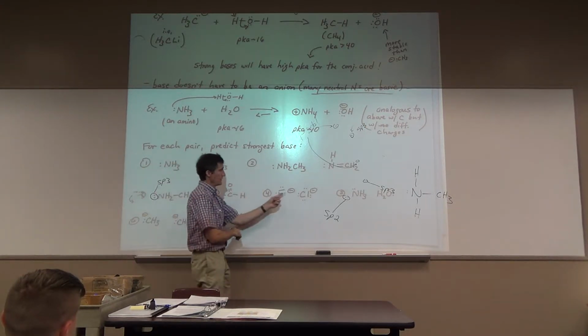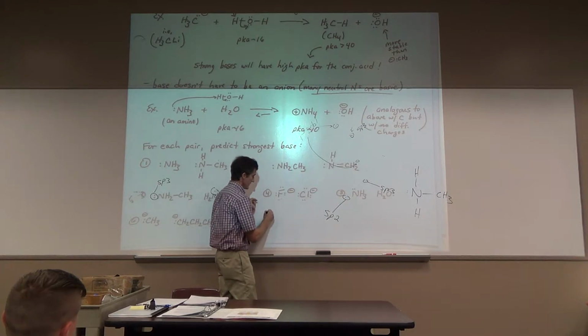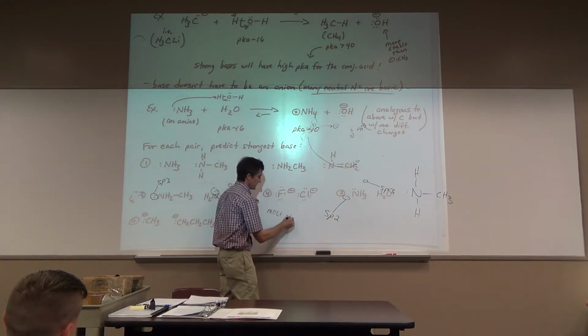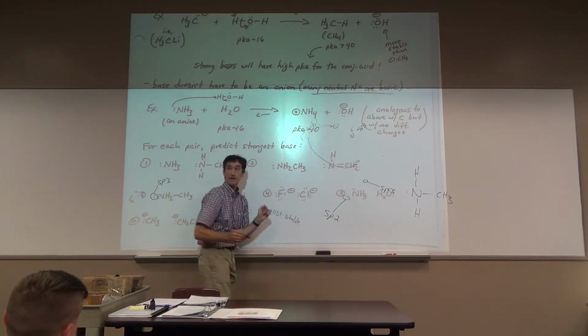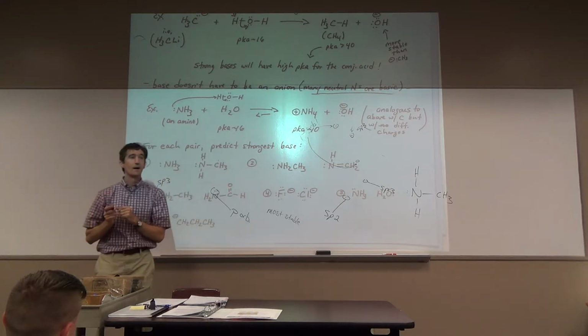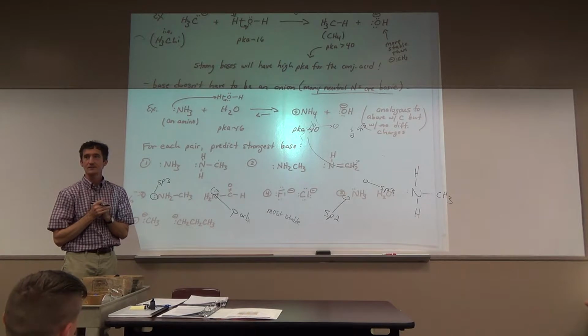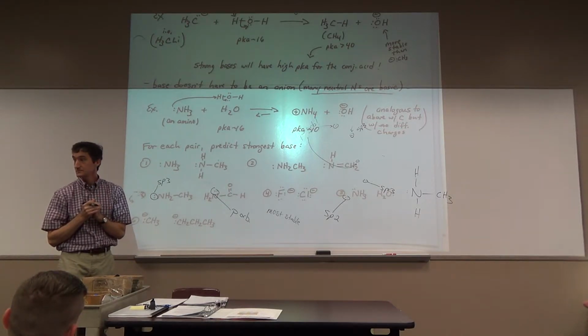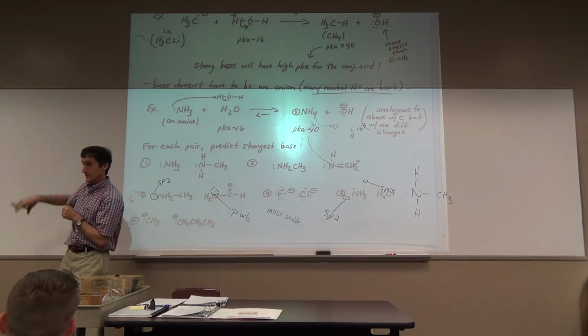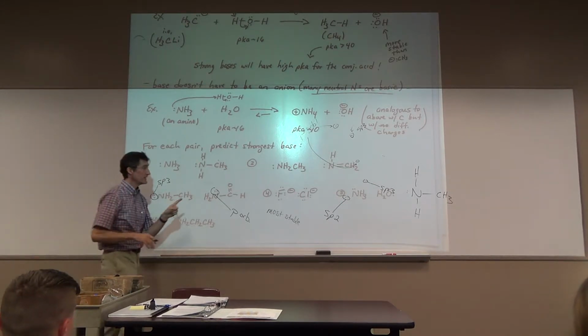The most stable is F. Yeah, right. Most stable is which one? Who says F? Who says Cl? Cl is correct. Why? Because it's bigger. When we're in a group, size matters. Okay? Cl is most stable.